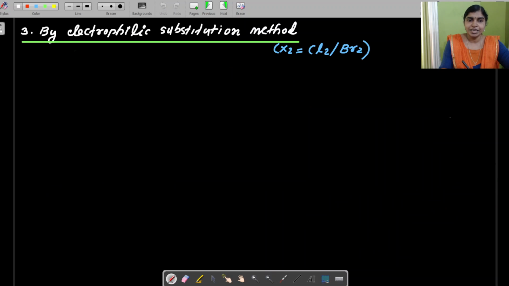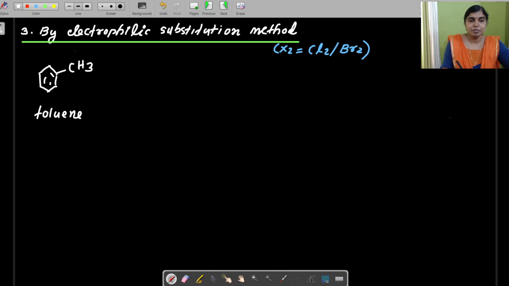And the next method is the electrophilic substitution method, and this method is for the preparation of haloarenes. We can try how to prepare a haloarene from toluene. So here this is benzene. If you add one methyl group to this, it becomes toluene.